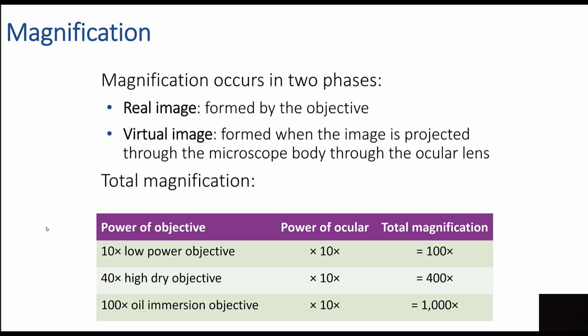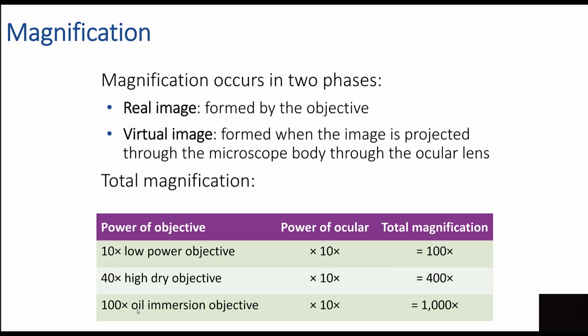So on the regular light microscope, as I mentioned, we have the power of the objective and the ocular. You multiply those, there's your total magnification. And so what we're doing is amplifying sort of a virtual image in these two stages of lenses, and as a result, we get the 400x or 1000x.